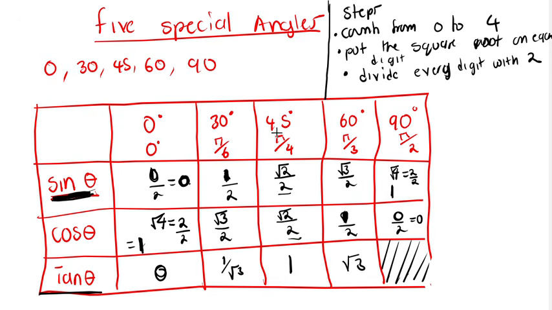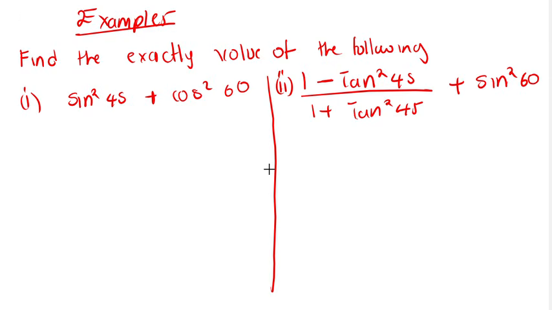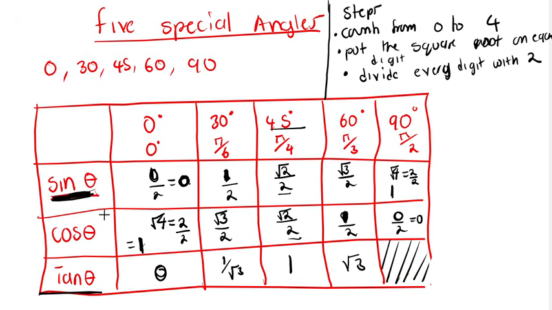Then where is 45? It's here. What is the answer? Root 2 over 2. So sine 45 is root 2 over 2. Now look, it is squared here, so it will be squared, plus, what about this one? What is cos 60? You do the same thing. What's the answer? Half.